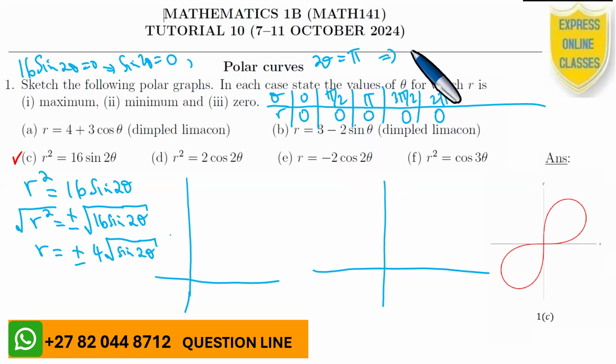This would mean that it is at pi over 2. So indeed it is 0 at pi over 2. But now you need to attempt to take the steps in the middle.